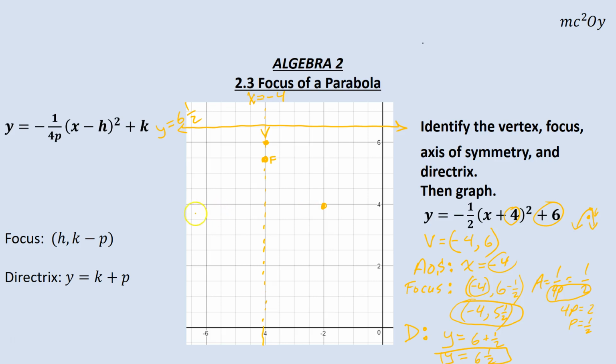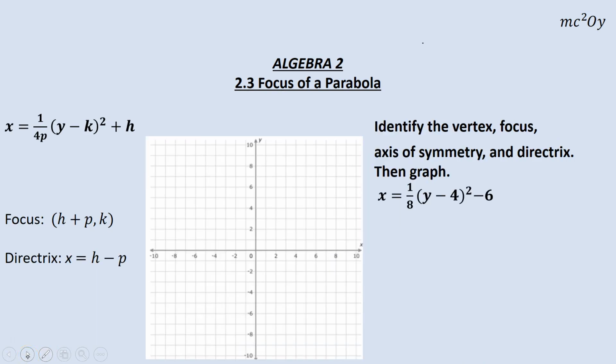And we can reflect that point over. I could plug in 0, and if I plug in 0, I'd actually get negative 2 out. So that'd be way down there. So this parabola is going to do something like that. Give myself enough room to graph, but I've got it.